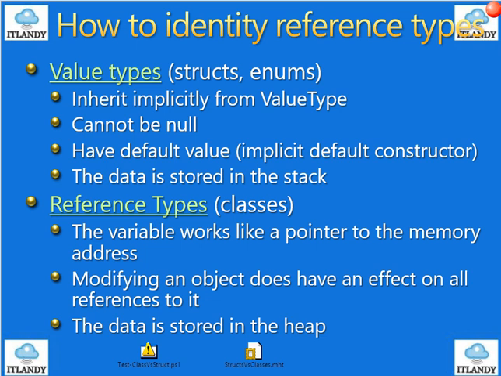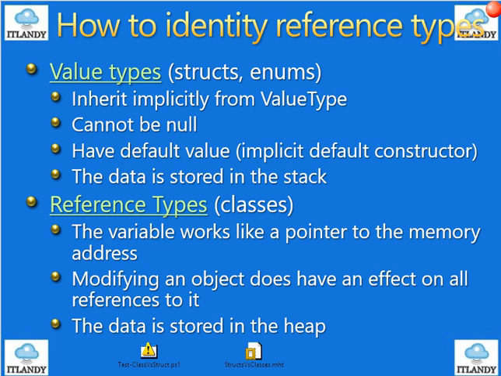How to identify a reference type. Value types, such as structs and enums, basically cannot be null. They inherit implicitly from a value type. They have a default value implicit with a constructor, and the data is stored in a stack.